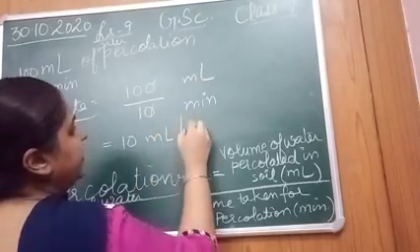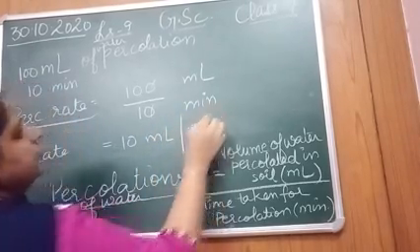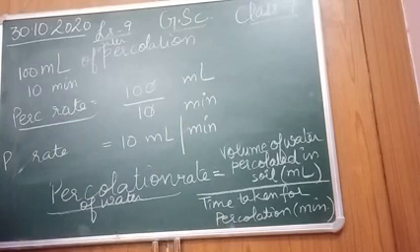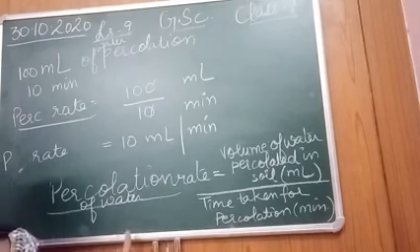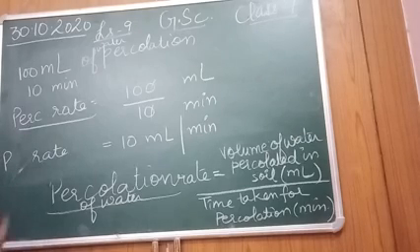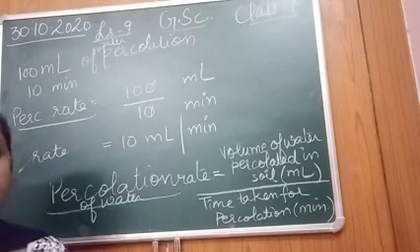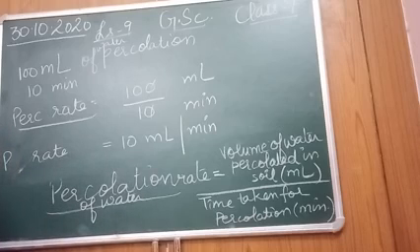Be careful with the units always. 10 milliliter per minute. Right? Based on this formula, numericals can be asked in the exams. So be particular. This was just the example. In a similar way, one example is given in your NCERT also. Go through that also.